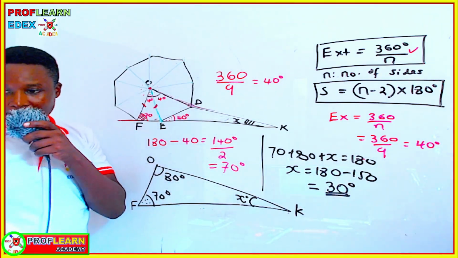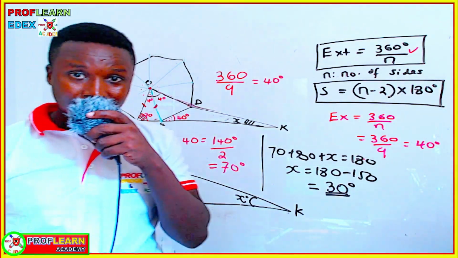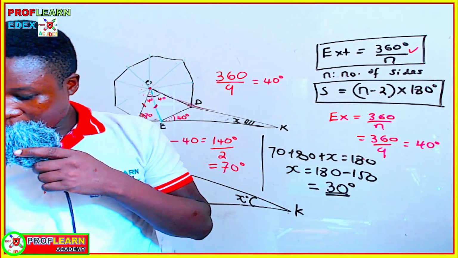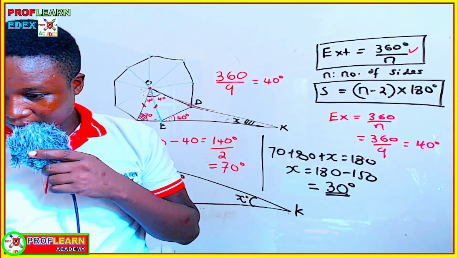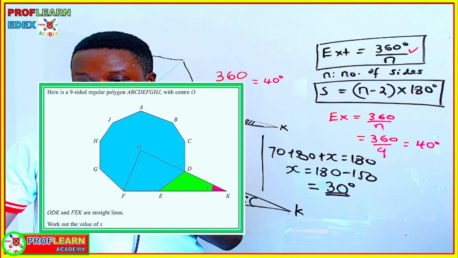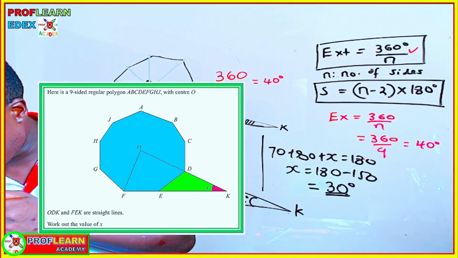The angle here, this angle x, is actually 30 degrees. So basically that's what you are supposed to do in order to work out that question. And once again, the question you were trying to work out is this question, whereby you're supposed to work out the value of x.